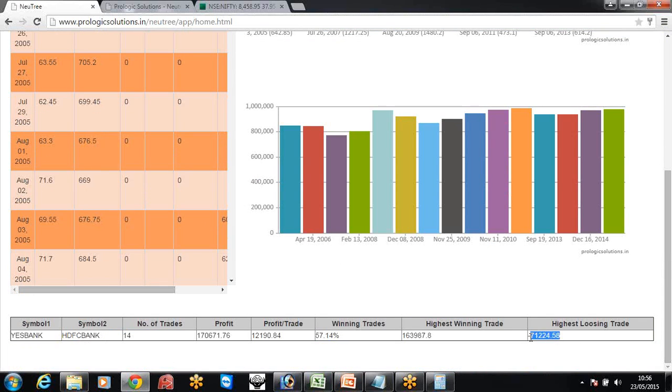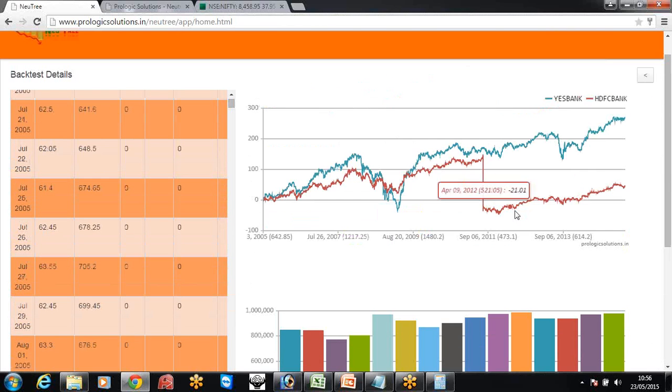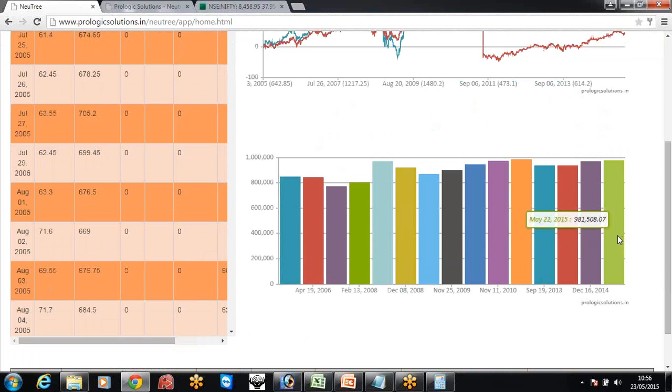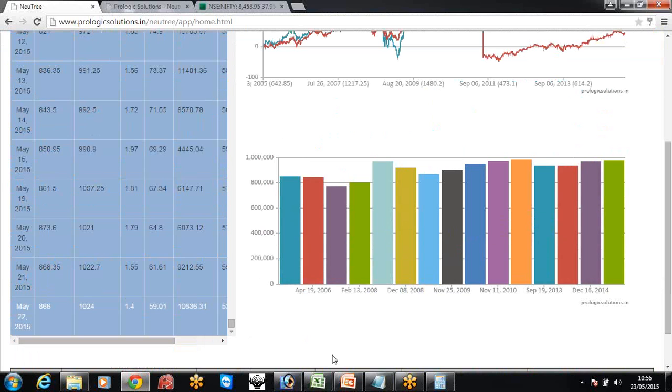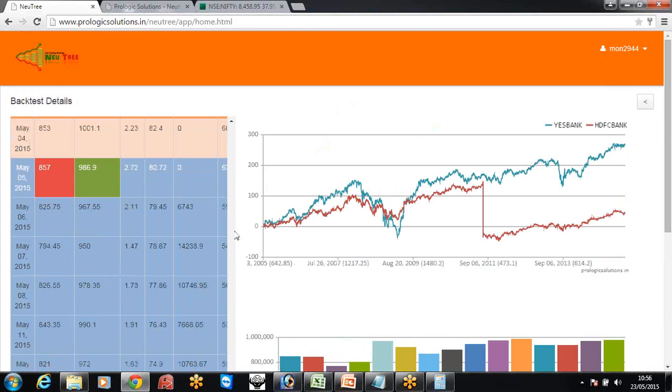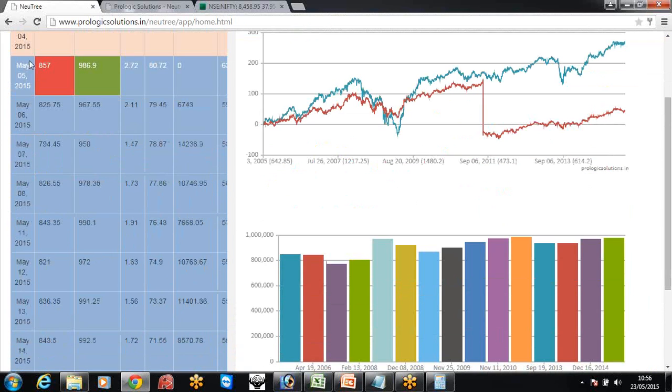You can see that the highest losing trade mentioned will not be the same as the highest winning trade, because there might have been a split or a dividend issue. So the average is around 90,000 to 1 lakh rupees. The currently running trade is this. We had this buy call generated on May 5th: Yes Bank we had to short, HDFC Bank we had to buy.